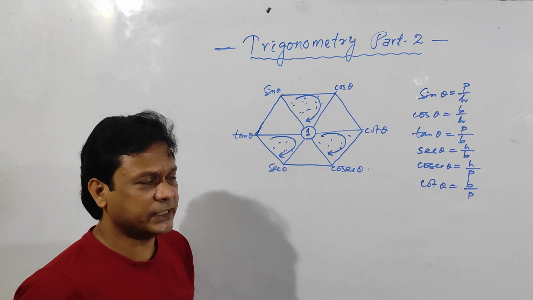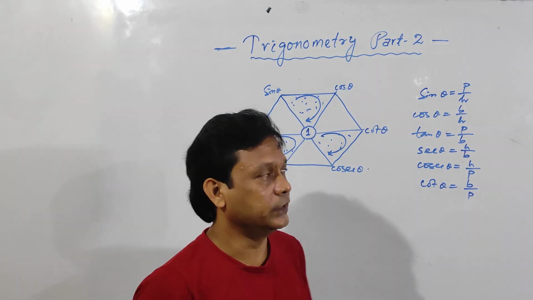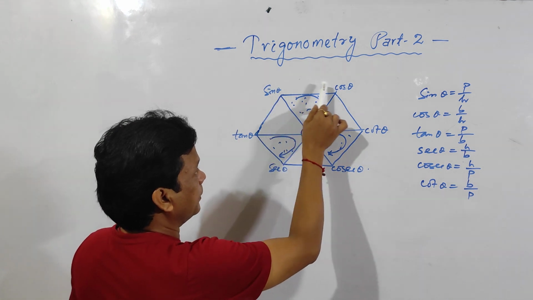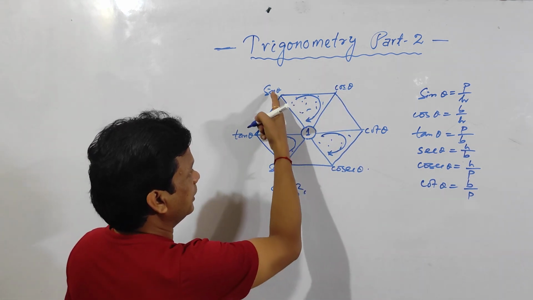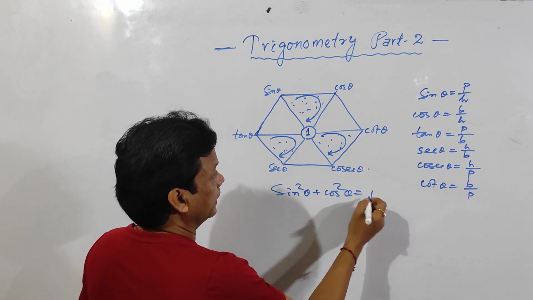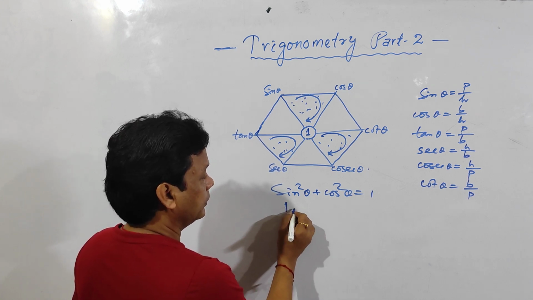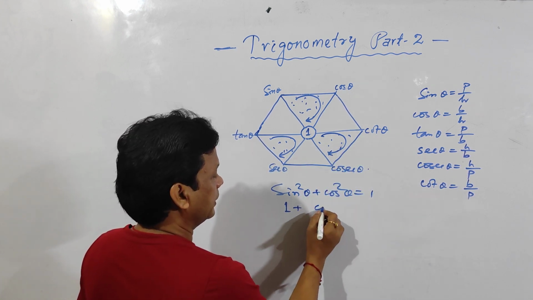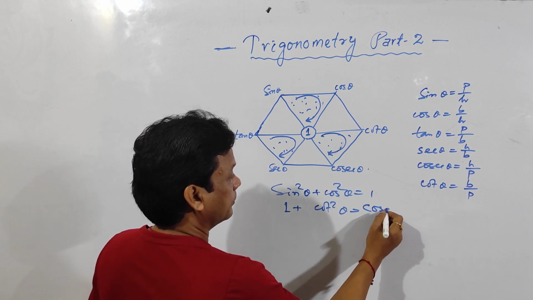While taking clockwise direction, you should put a plus sign in between. Sin square theta plus cos square theta is equal to 1, because you are starting from sin. Similarly, you are starting from 1. So 1 square is 1 plus cot square theta is equal to cosec square theta.